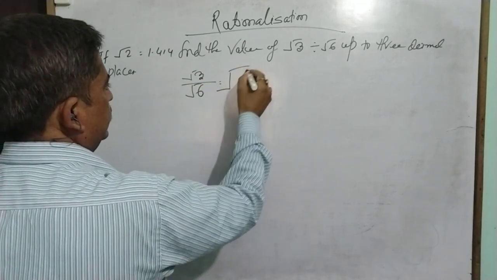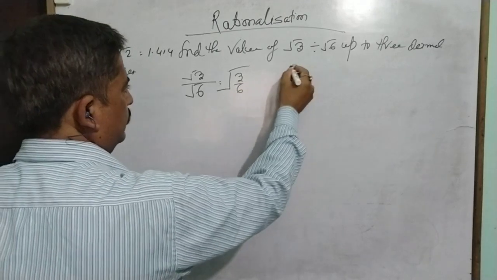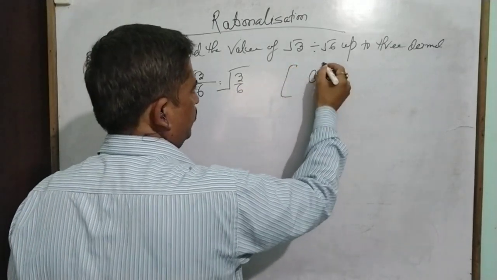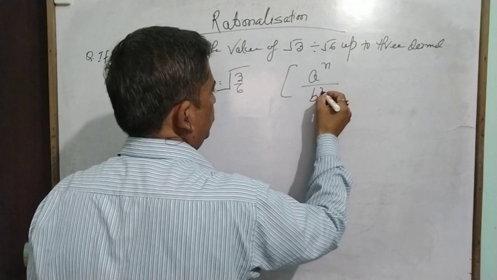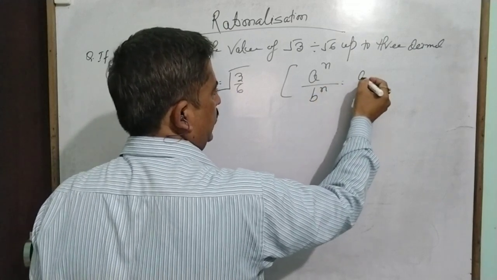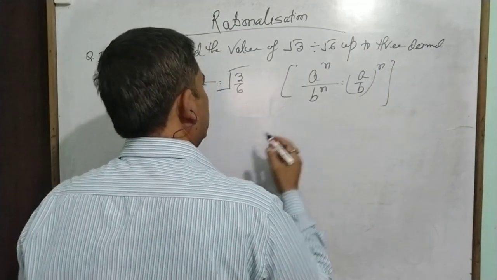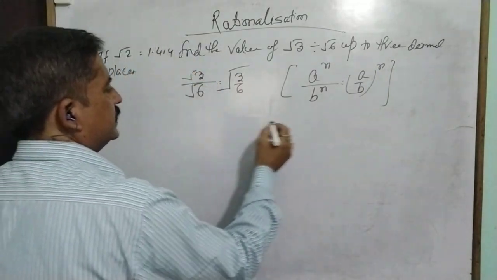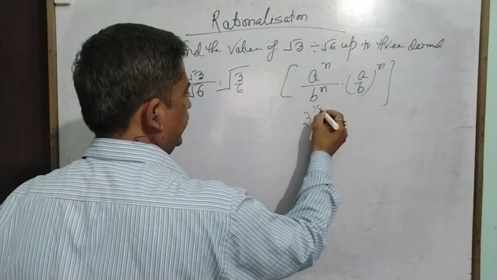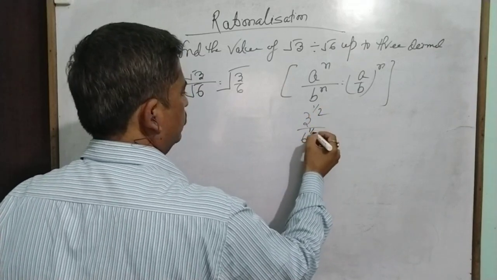We also write that as 3 by 6, because a power n divided by b power n means (a by b) power n. Here the power is 1 by 2 and 1 by 2.